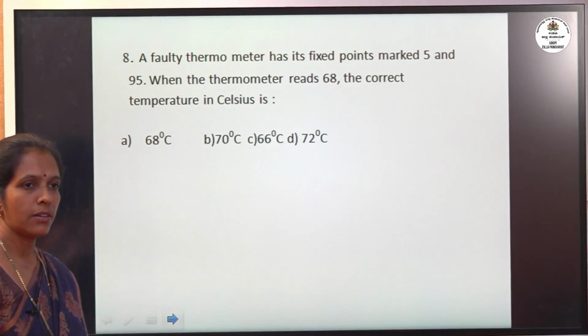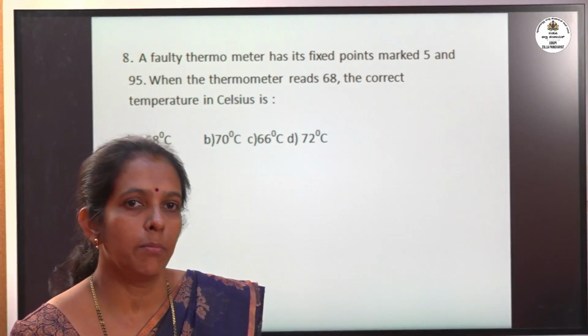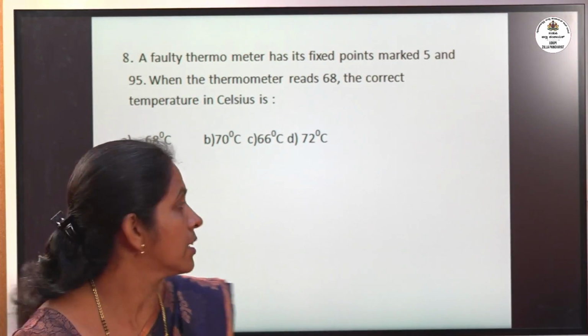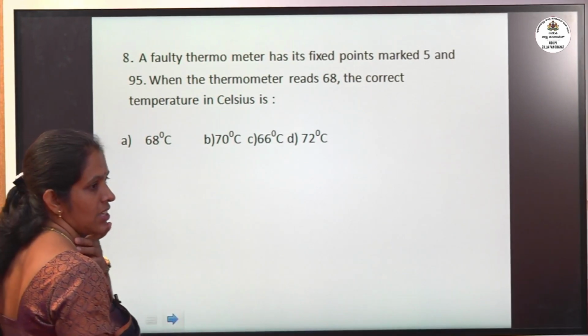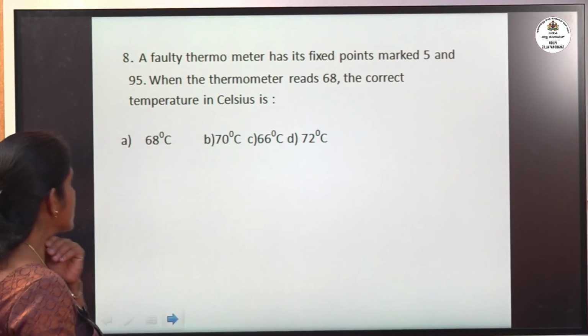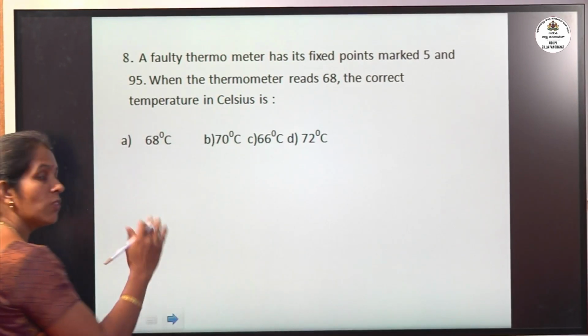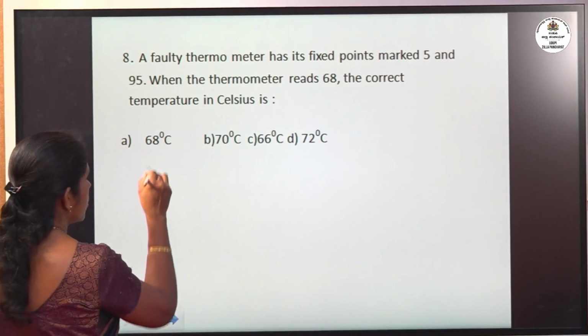This question is based on the concept of heat and temperature. When we supply heat energy to a system, its temperature increases. We use a thermometer to measure the temperature. There are different scales of thermometer. To convert one scale to another scale, we have some common terms.